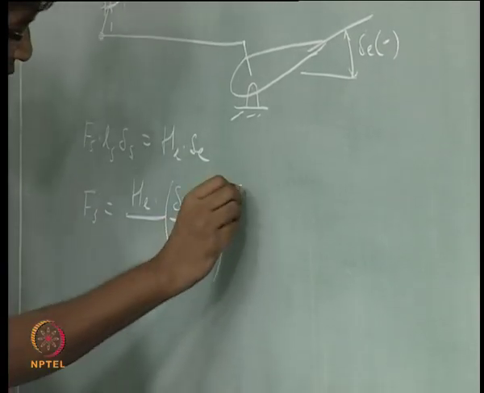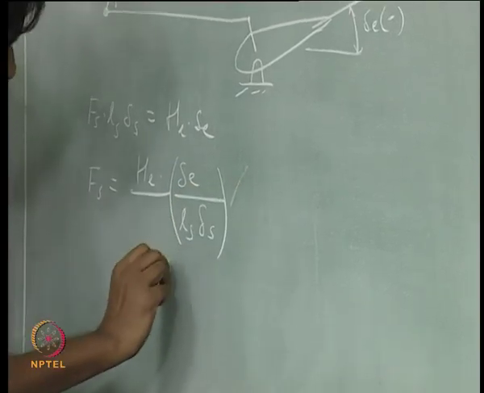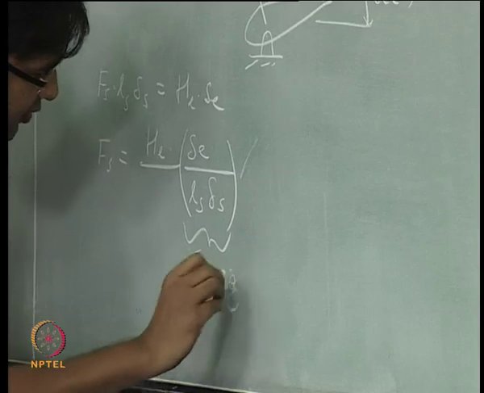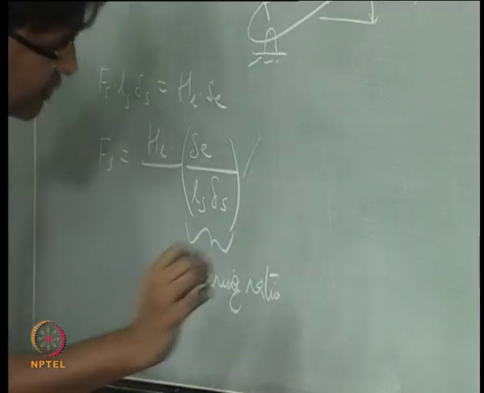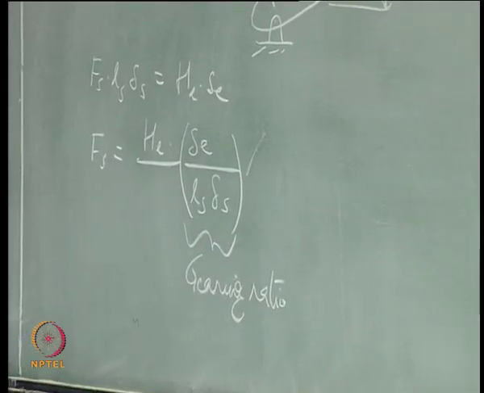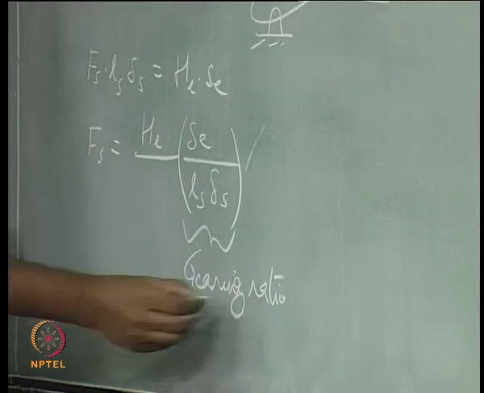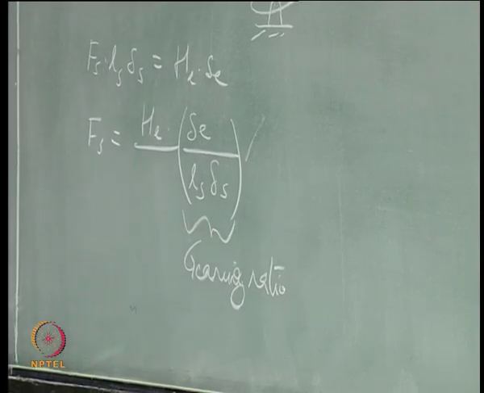This quantity in the bracket is called the gearing ratio. All right.